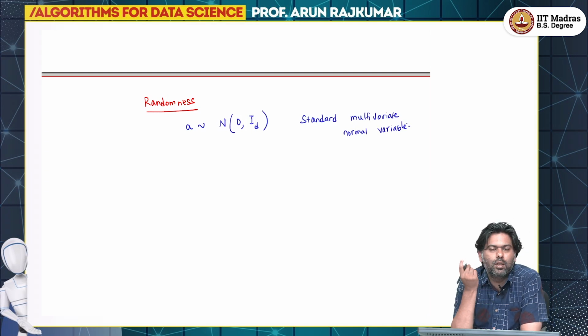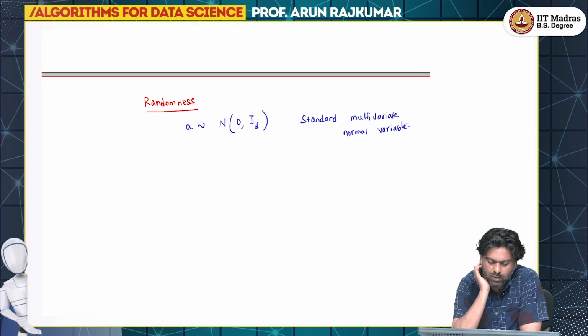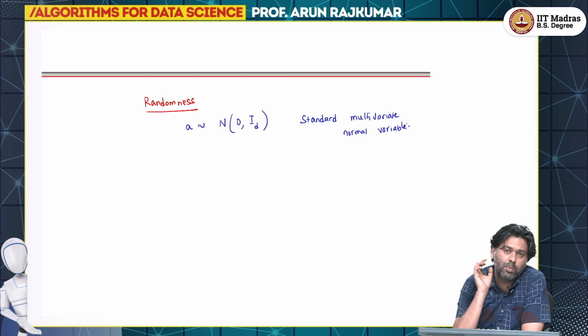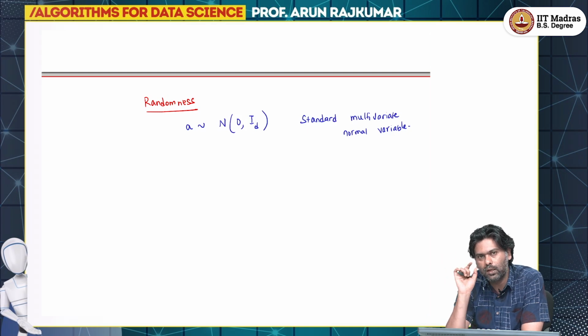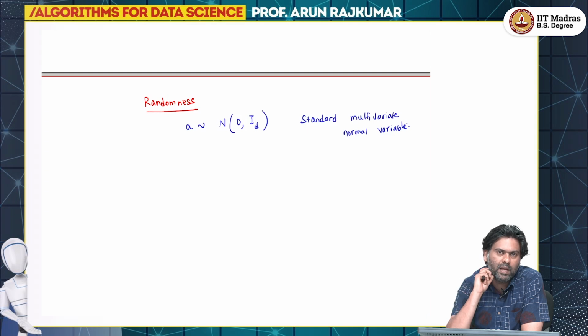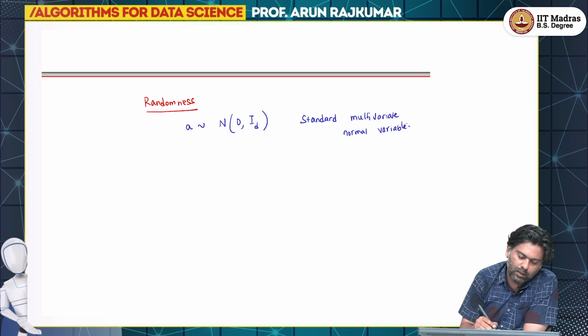You can think of it as having d components, each component Gaussian with mean 0 and variance 1. So that's my a, because I know that if I compute a transpose of a fixed vector x and a transpose of a fixed vector y, there is some distance preservation that JL hints at.